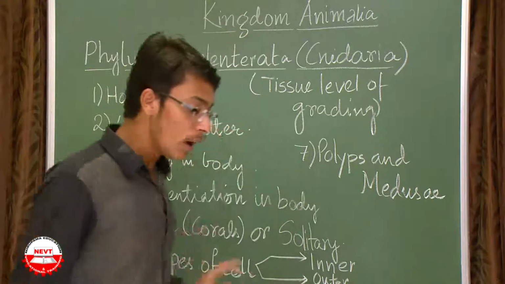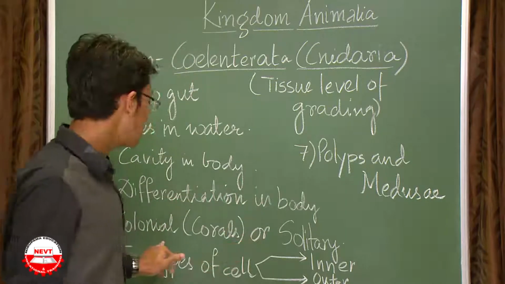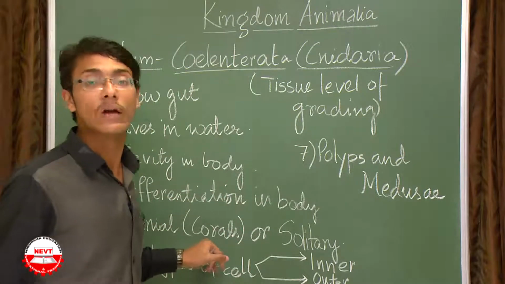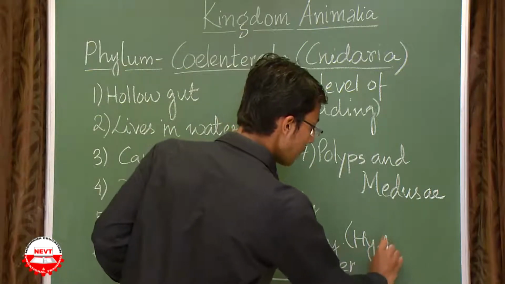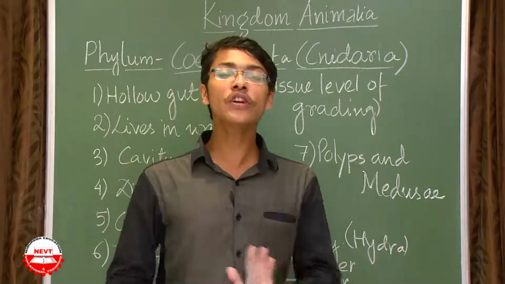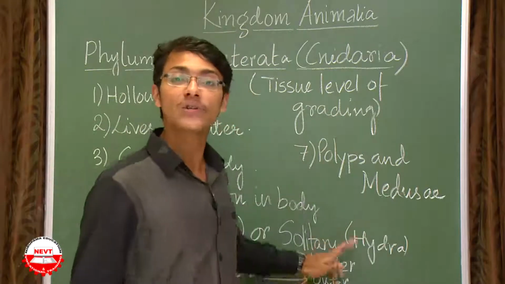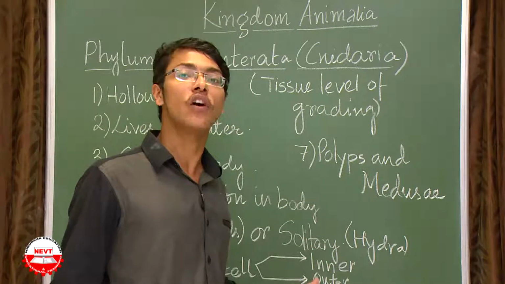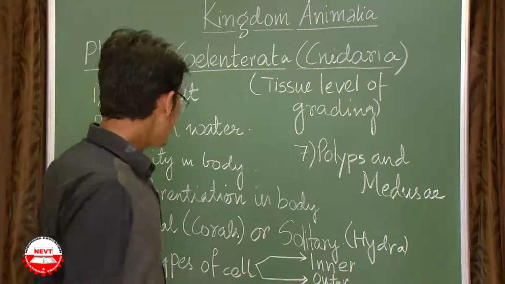Colonial means they stay together in a colony, for example corals. When they are solitary, the example is Hydra. Hydra stays alone. It does not need any interference from other organisms. Corals stay together, so colonial.